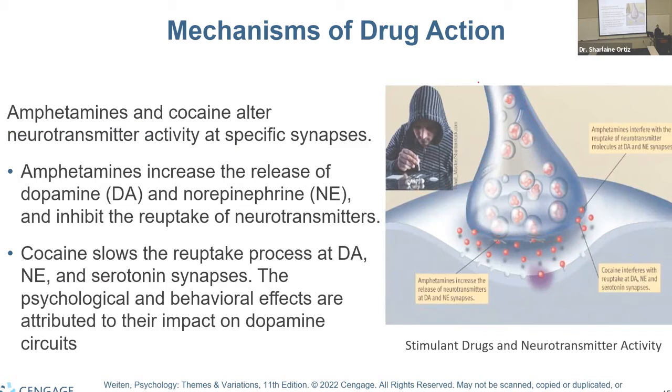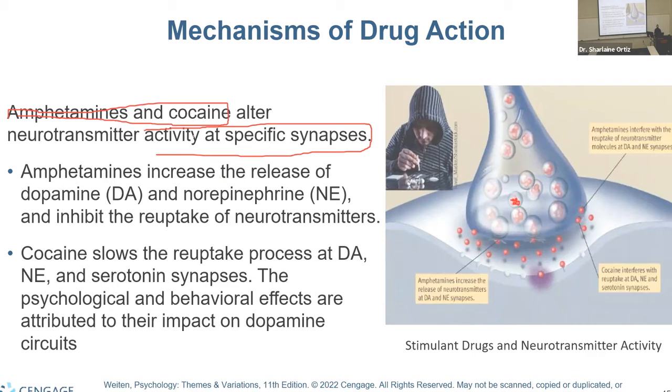So remember that these neurons are going to communicate with the release of neurotransmitters. But what occurs is that amphetamines and cocaine and other forms of drugs are going to activate and alter the specific activity in those synapses. So in this particular case, let's think about amphetamines.